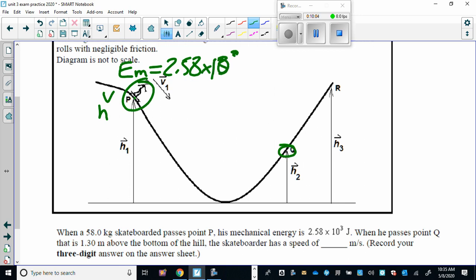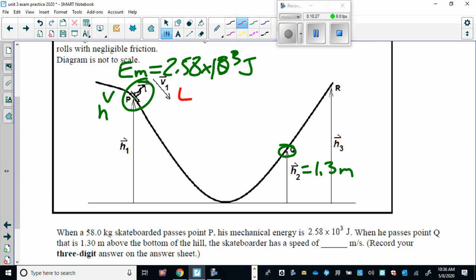2,580 joules. When he passes point Q, he is 1.3 meters above the hill. What is the skateboarder's velocity? As I said, they made it a little easier by giving you the mechanical energy, so you don't have to calculate that. But the principles are all the same.